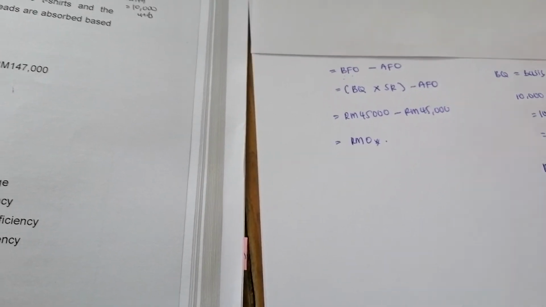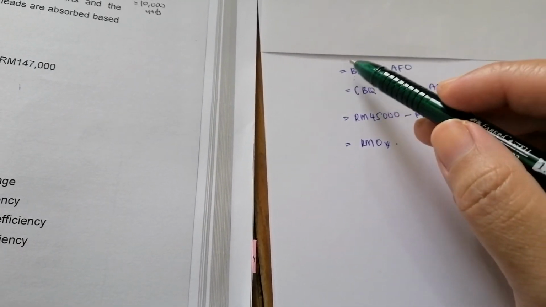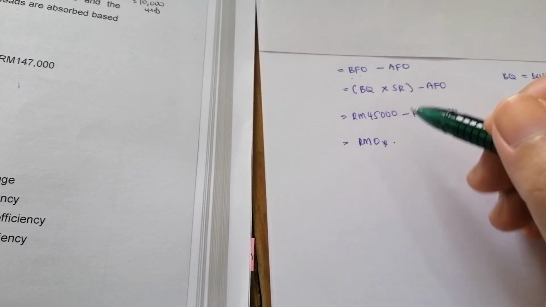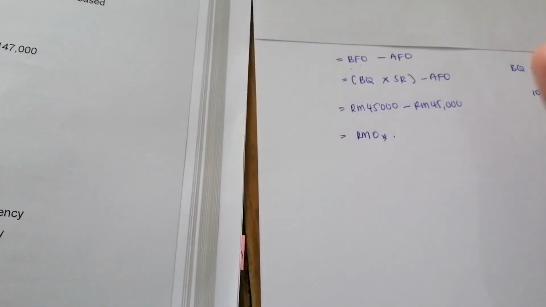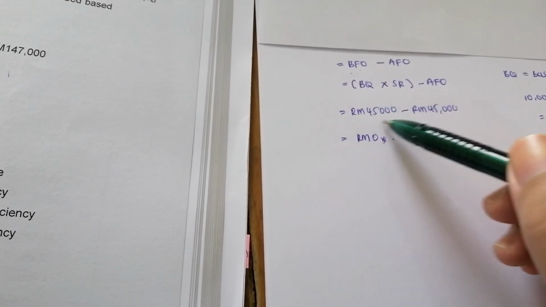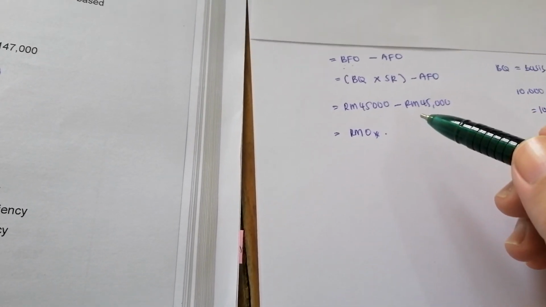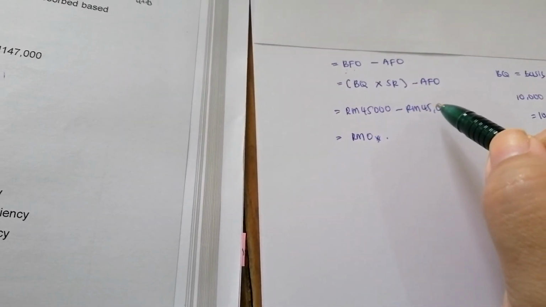It falls within the budgeted overhead, so it's between favorable and unfavorable. But actually, since it's within the budgeted overhead, it's favorable, even though the amounts are the same.